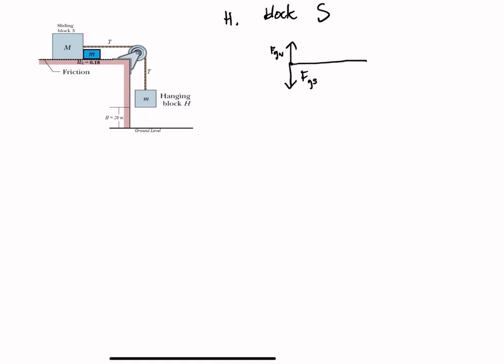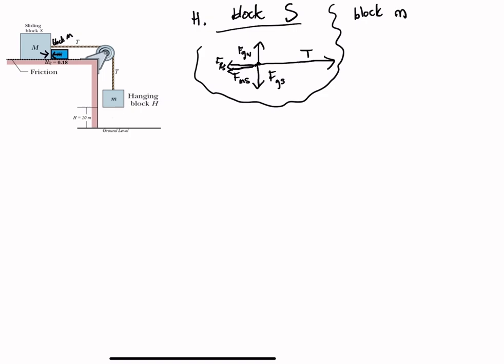It's going to the right still, so let's just label this T. But now there's a frictional force pushing it back, so let's label that Fk S. Now though, there's also an additional block in front of it, and we know that while block S is pushing on block M, I'm going to label this block M, it's also pushing back with the same force. So there is a force that we can call the contact force from block M to block S.